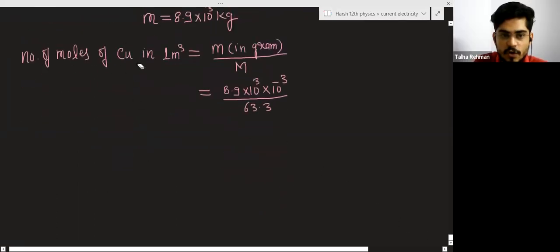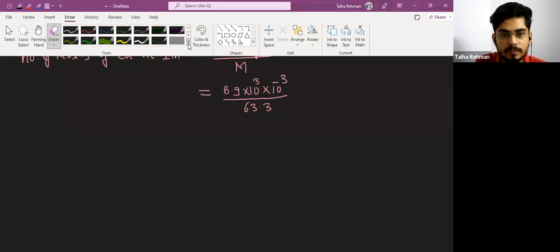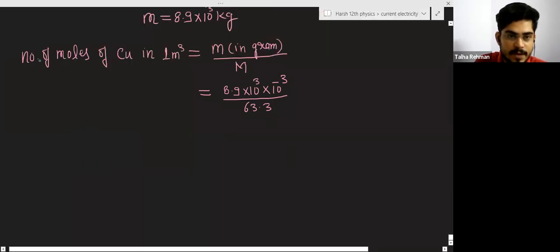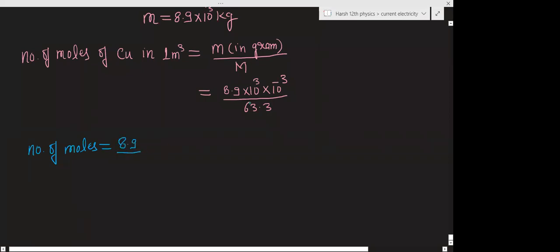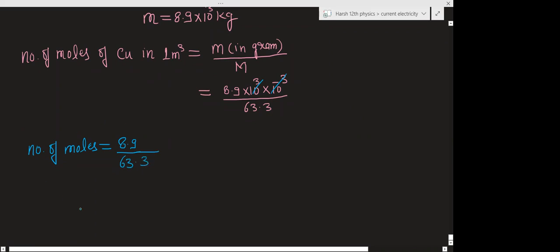We have this number of moles, and I am representing the number of moles with small n. So the number of moles we have is 8.9 into 10 raised to 3 into 10 raised to minus 3, which cancel out, divided by 63.5.